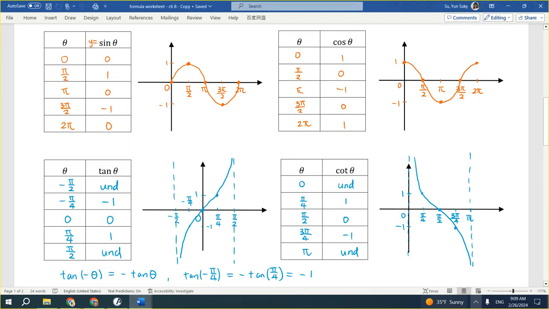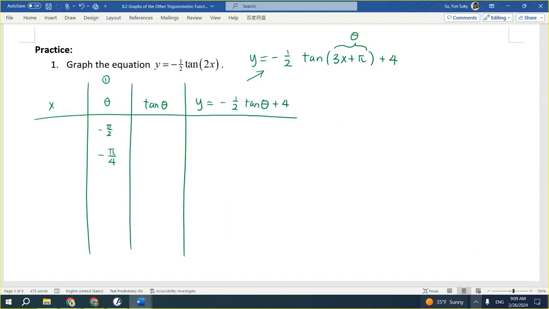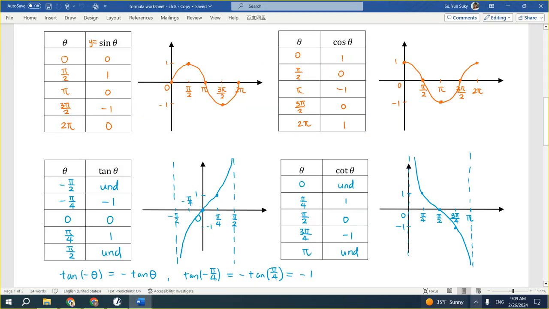Copy exactly the same thing on the theta and tangent theta column: 0, pi over 4, and the last one, pi over 2. So these graphs are the foundation, the basics.